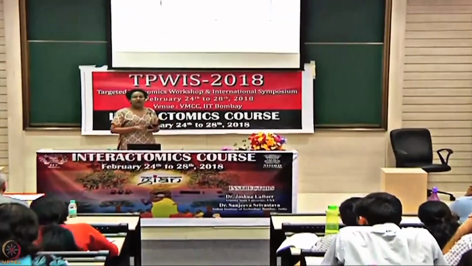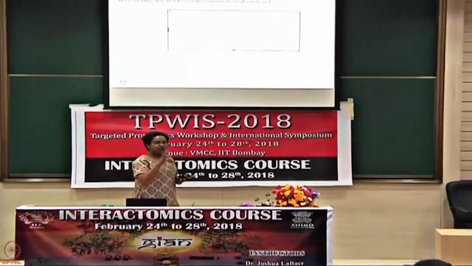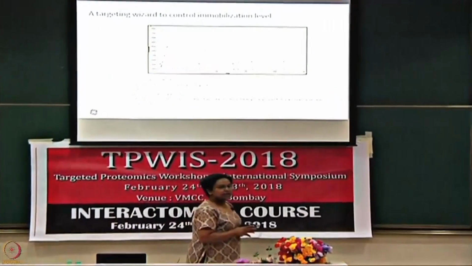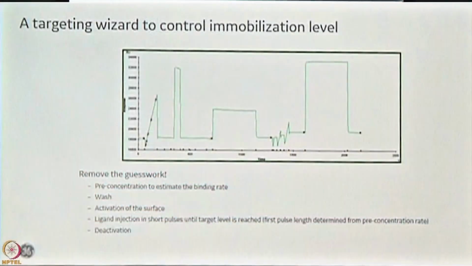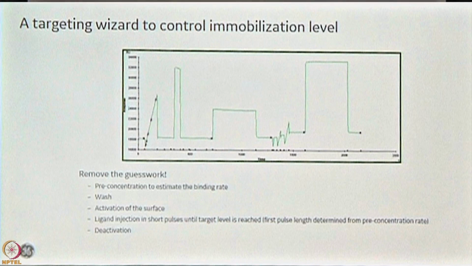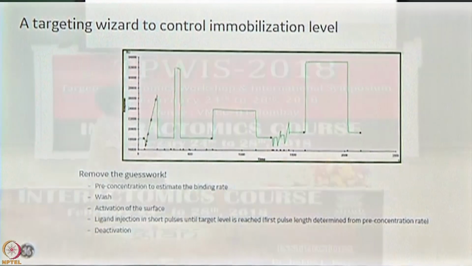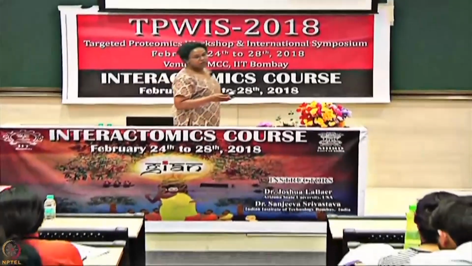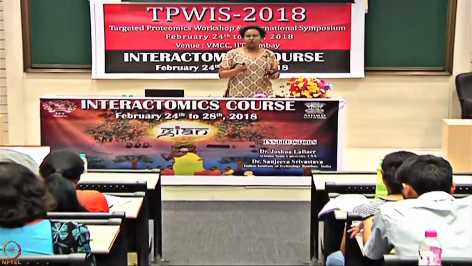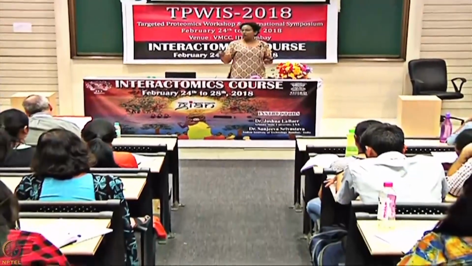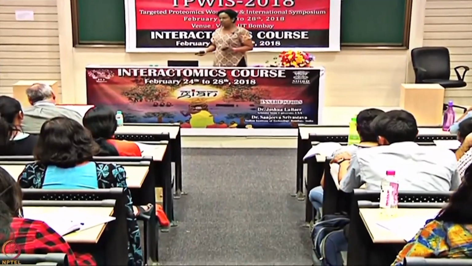So, I pointed out one thing to you: when you are directly immobilizing your ligand, it is covalently linked, right? And once you immobilize it, it is immobilized for good. You cannot use the chip to immobilize anything else, right? You use the same ligand to do your experiments in that. But there is a smart way to use your chips more judiciously.